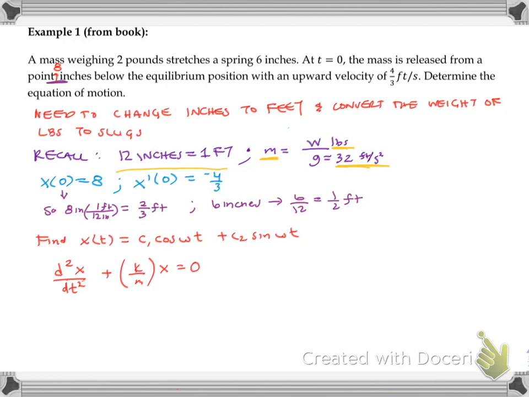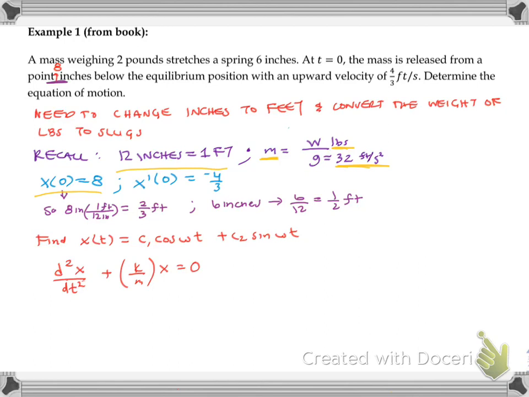Okay. And from this information, we know that at t equals 0, the mass is released from a point 8 inches below the equilibrium position. Now, if you go back to your notes and look below, if we're going below the equilibrium position, then that means x is going to be positive, right? So that gives us this part here, x of 0 is 8. But then it says an upward velocity of 4/3.